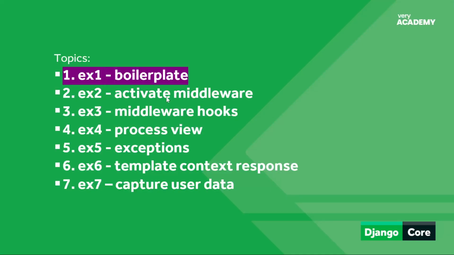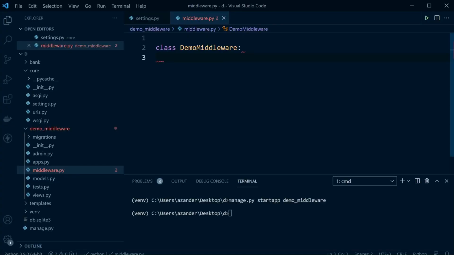So first up then, let's talk a little bit about the boilerplate. Now, if you head over to the Django documentation, they do provide you two examples, one utilizing functions and the other with classes. Now, the functions method of developing middleware, I would say that was a kind of legacy method to generate middleware.